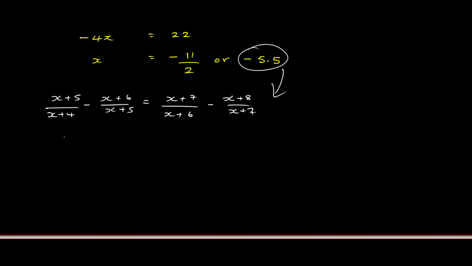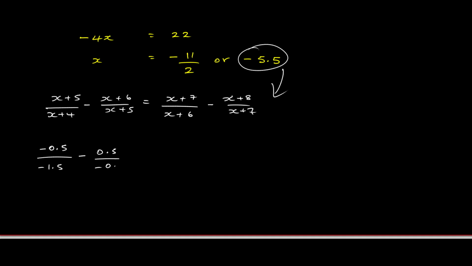So negative 5.5 plus 5, that is simply negative 0.5, and this is over negative 1.5. This is subtracting, so negative 5.5 plus 6, this is 0.5, and this is over negative 0.5.